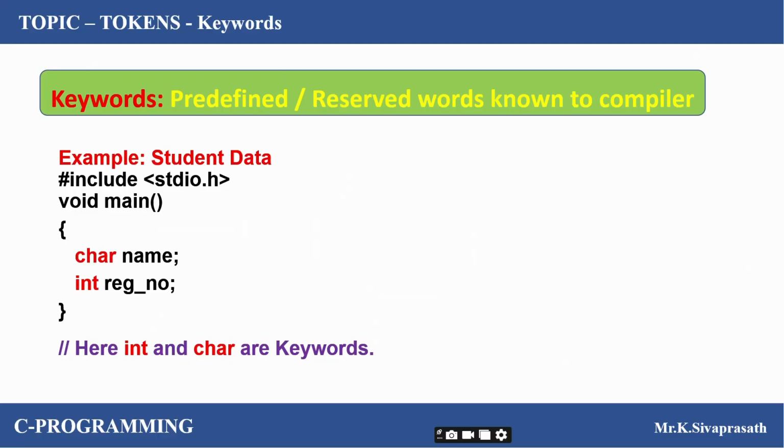For name, it is a collection of characters, or a string as we call it, so we include char as a keyword to represent name, and similarly int as another keyword to represent the register number. So integer and character are the data types as well as the keywords which are known only to the compiler. To include any data, we are supposed to include these keywords within the program.